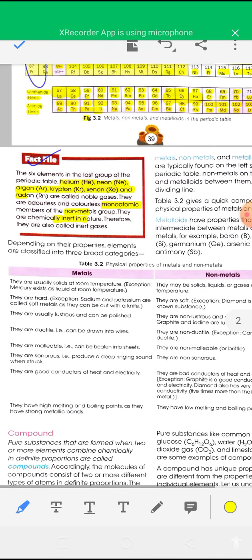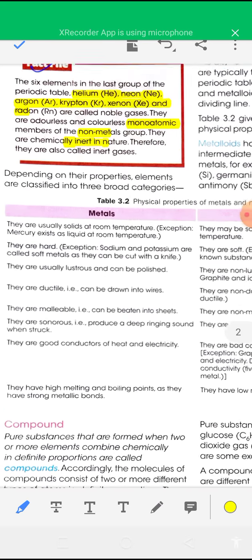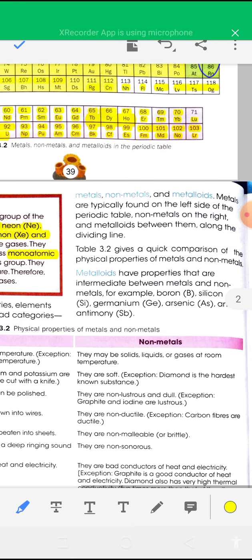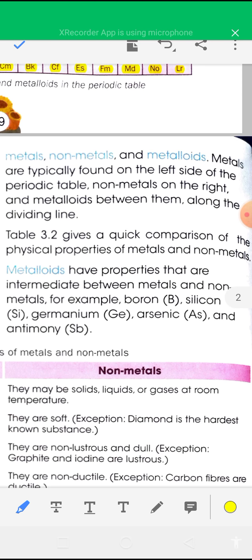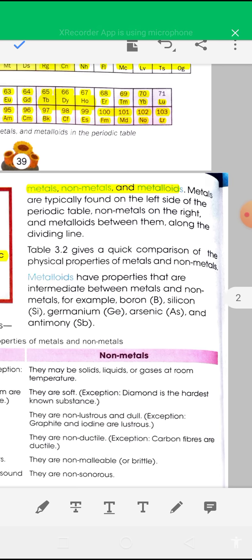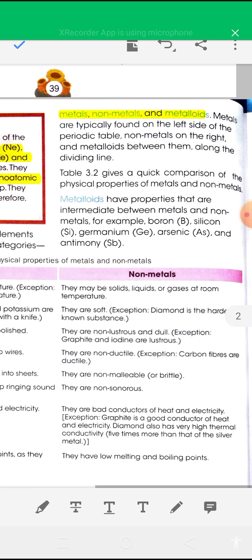Now see the types of elements. Depending on the properties of elements, elements are classified into three categories: metals, non-metals and metalloids. As I told you some time before, elements can be classified as metals, non-metals and metalloids. So separately you have to read about the properties of metals, non-metals and metalloids.